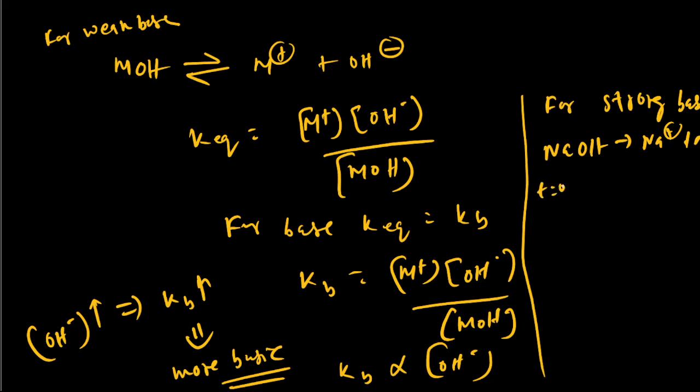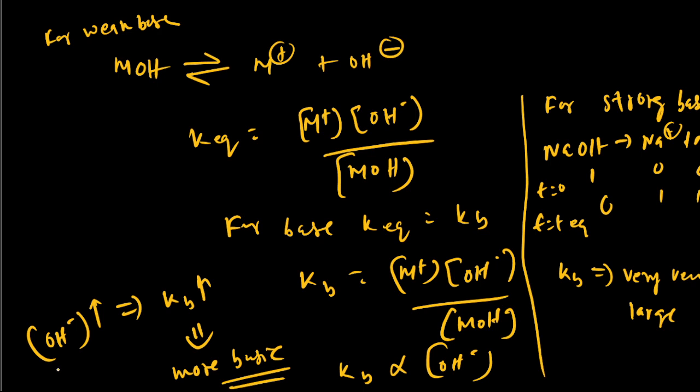At T equal to 0, it is 1 molar and the products are 0 and 0, and at T equilibrium it is wholly consumed and 1 molar OH minus is formed. So in this case, Kb is very large. So we normally do not take it for strong acids or strong bases.